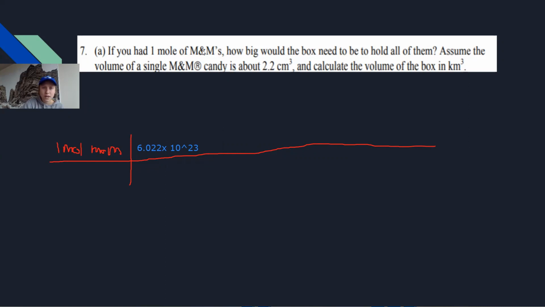Why isn't this working? Okay. Per 1 mole.